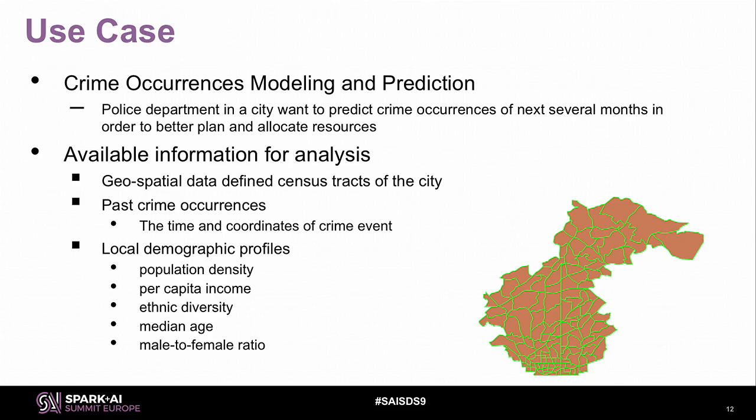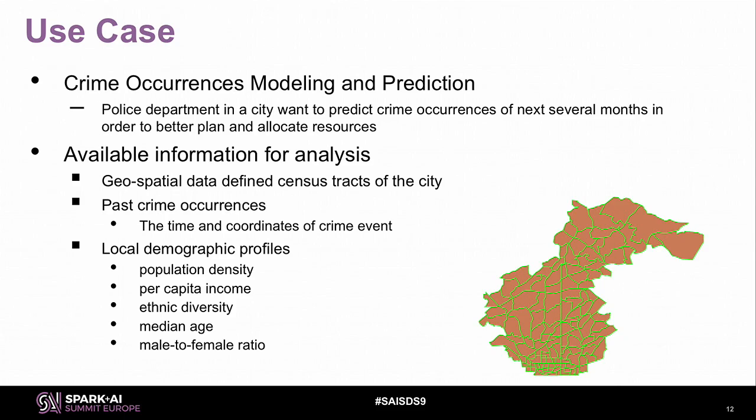Also, some local demographic profiles include population density, per capita income, diversity, median age, or the male to female ratio. They are all potential factors that may affect crime. So all this information can be put into the model, and the model can answer which one is important and which one is less important.